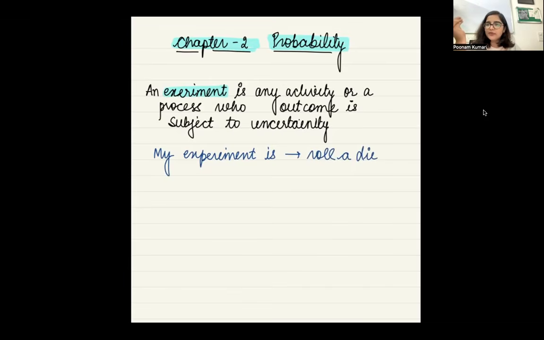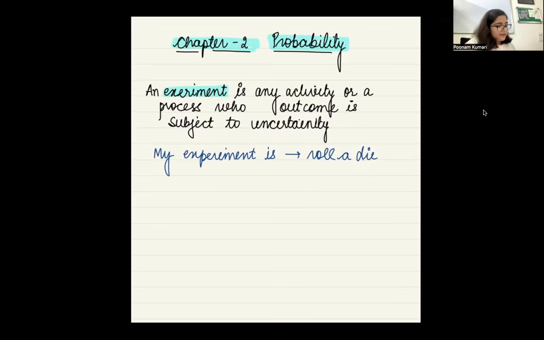Do you know what number is going to come with certainty? No. We know that 1 can come, 2 can come, 3 can come, 4 can come, 5 can come, and 6 can also come. So because I don't know what is going to be the outcome of this experiment, anything can happen. From 1 to 6, any number can be on the dice, right? So that is an experiment because the outcome is uncertain.